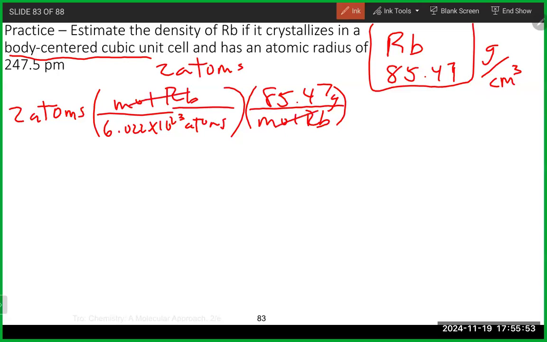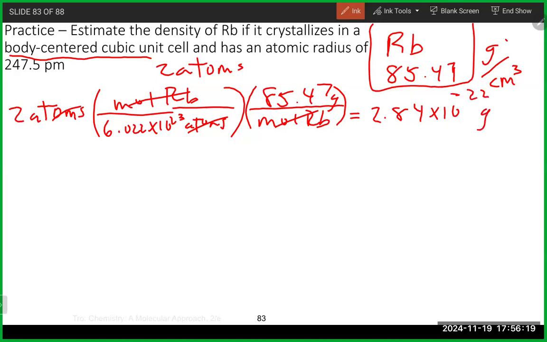Moles cancel, atoms cancel, and that's going to get us 2 times 85.47 divided by 6.022 times 10 to the 23. It's going to get us 2.84 times 10 to the minus 22 grams.